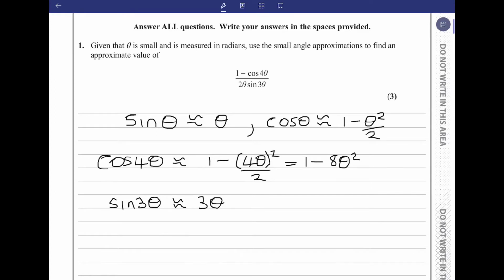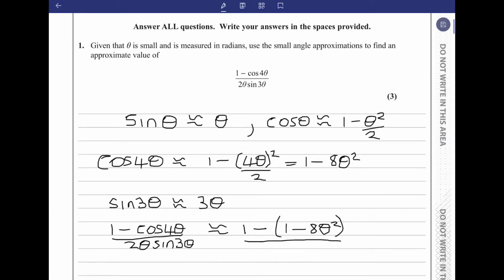Now we can plug these values in to get an approximate value of our expression. So 1 minus cos 4 theta, divided by 2 theta sine 3 theta, is approximately, and it's good to bracket here, 1 minus (1 minus 8 theta squared), and then we're dividing by 2 theta times 3 theta.